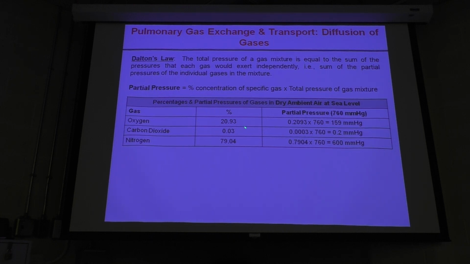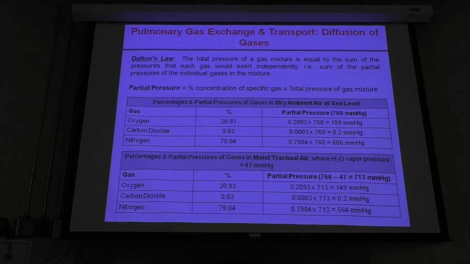Carbon dioxide is a very low percentage in the ambient air, multiplied by the total pressure, you can see a very, very low partial pressure in the dry ambient air, and the majority of the 760 is coming from nitrogen and other inert gases that aren't listed there.